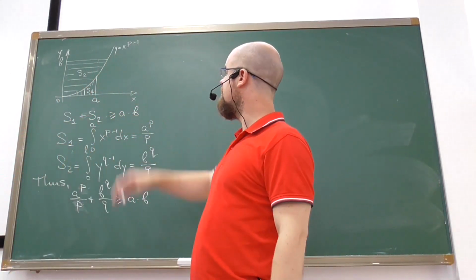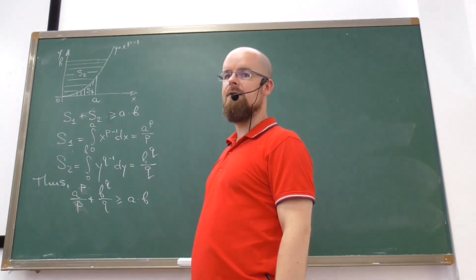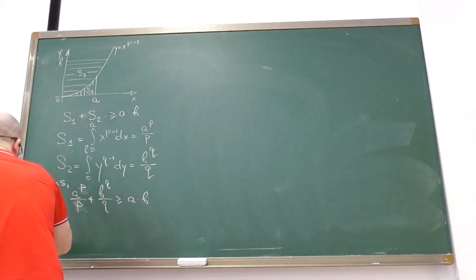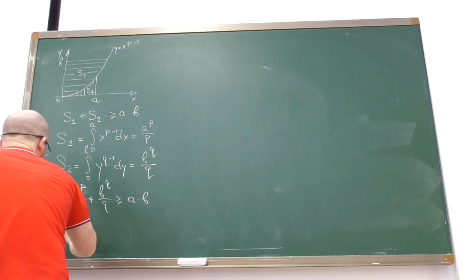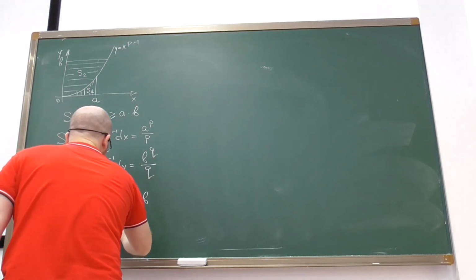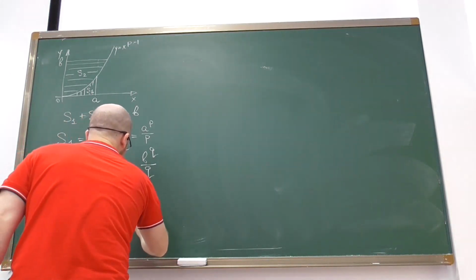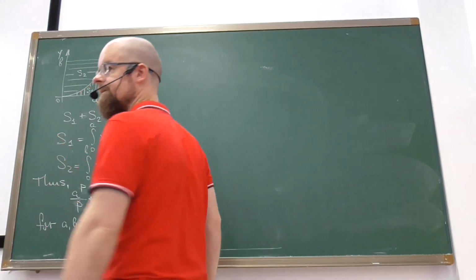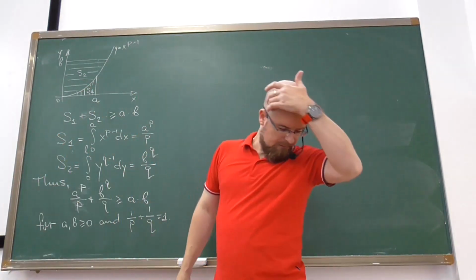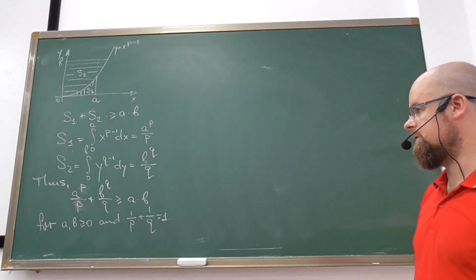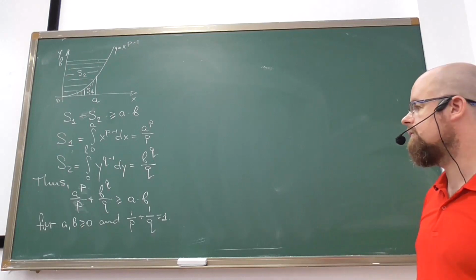And we also used here that a and b are greater than or equal to 0 for every a, b greater than or equal to 0, and 1 over p plus 1 over q equals 1. So we have proved this numerical inequality, for numbers.